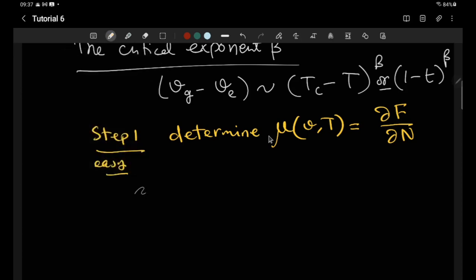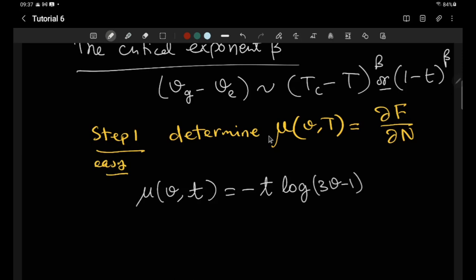And then what you will get is mu of V and little t. This goes like, I'm just copying the expression which I had. There might be a kB missing. I don't think that is important, plus a function of t, which you are neglecting. You will see in a moment why.